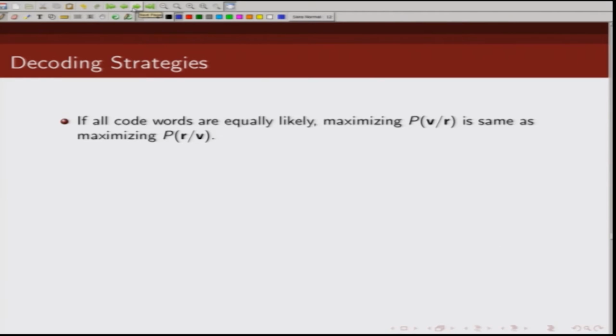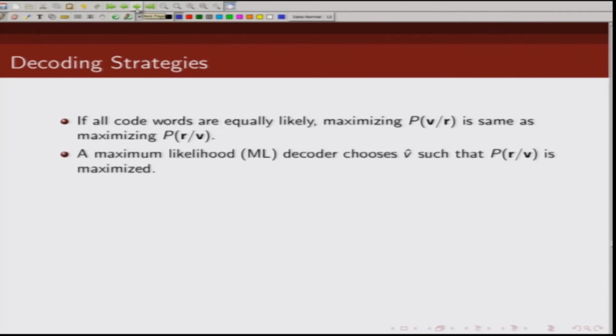If all code words are equally likely, then maximizing the probability of V given R is the same as maximizing this likelihood function, P of R given V. So, a maximum likelihood decoder is the one which will choose V hat such that this quantity is maximized.